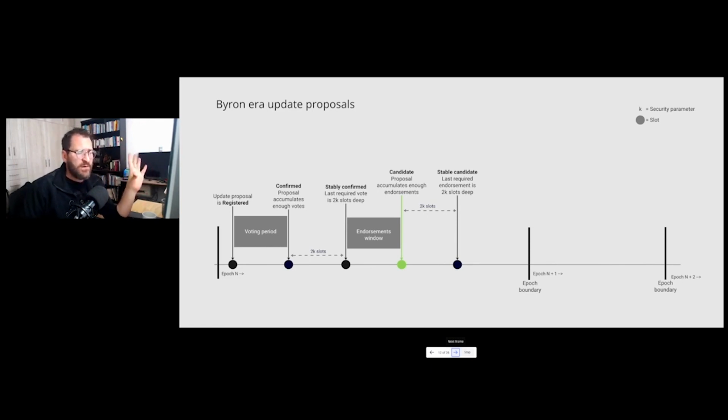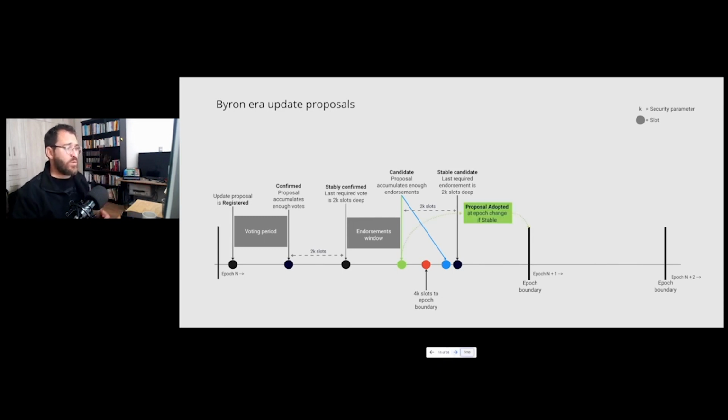And from here, we have a very important window of time. We have this point in time, which is 4K slots before the end of the epoch. Whether the last endorsement arrived earlier or later than this point in time determines the path that the update proposal will follow.